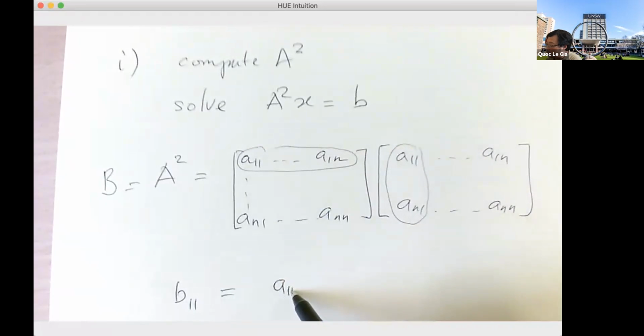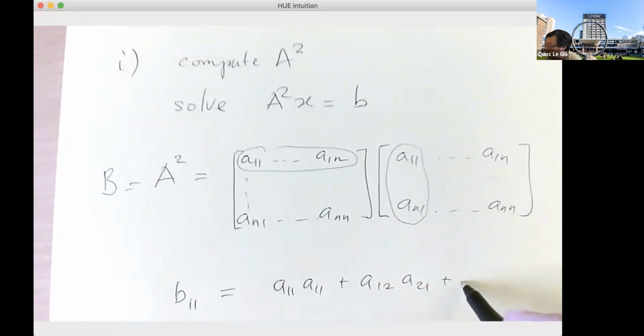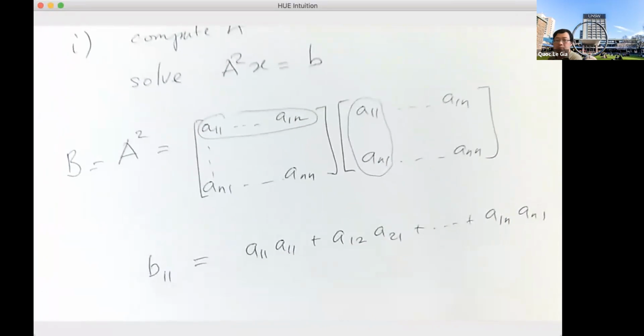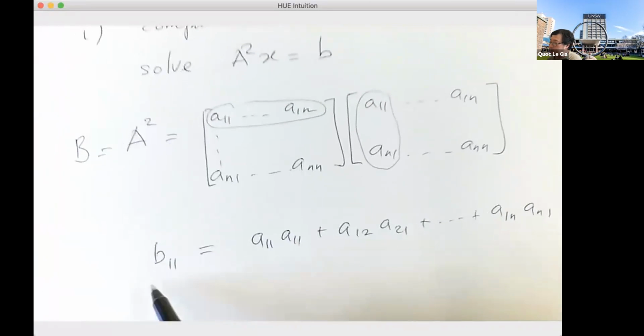So it will be A11 A11 plus A12 A21, and so on up to A1n An1. How many flops do you need to compute B11?